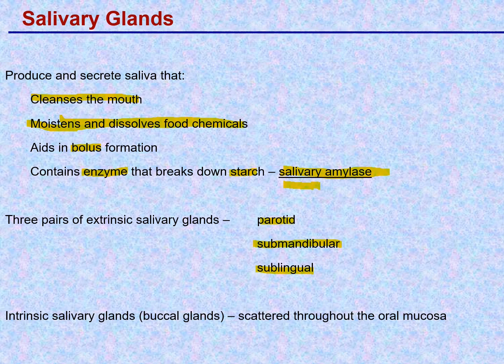There are also very tiny intrinsic salivary glands called buccal glands scattered throughout the mucosa, the epithelial lining of the oral cavity. But as discrete organ structures, the parotid, the submandibular, and the sublingual salivary glands, in pairs, are quite important.